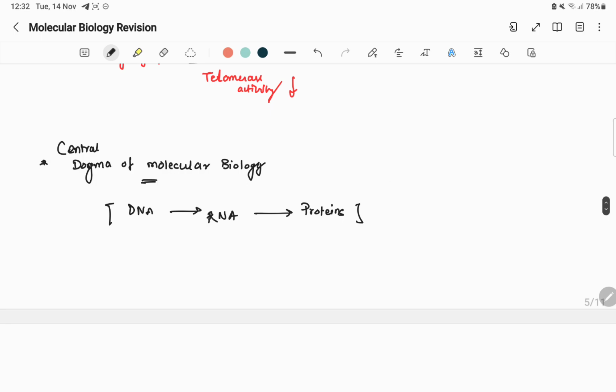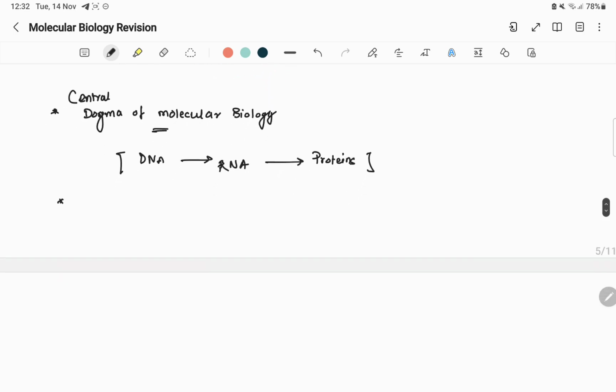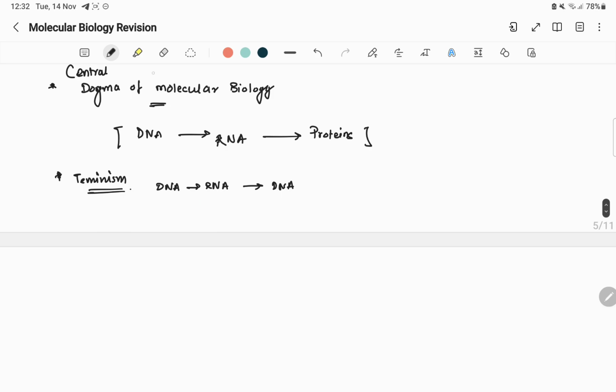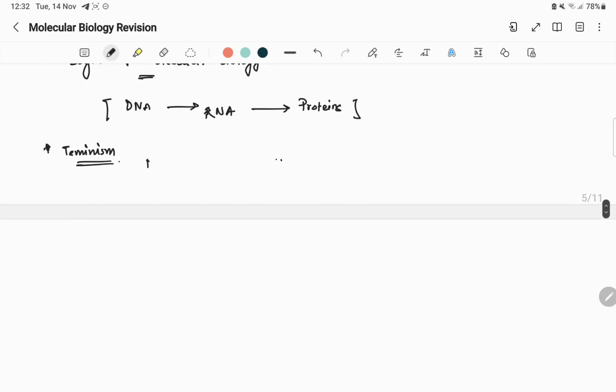Then we have a reverse central dogma, or it is called teminism. Sorry, I told it in a wrong way. This is an advanced concept. From RNA, DNA is formed, and from DNA again RNA will be formed, and from RNA the proteins will be formed.